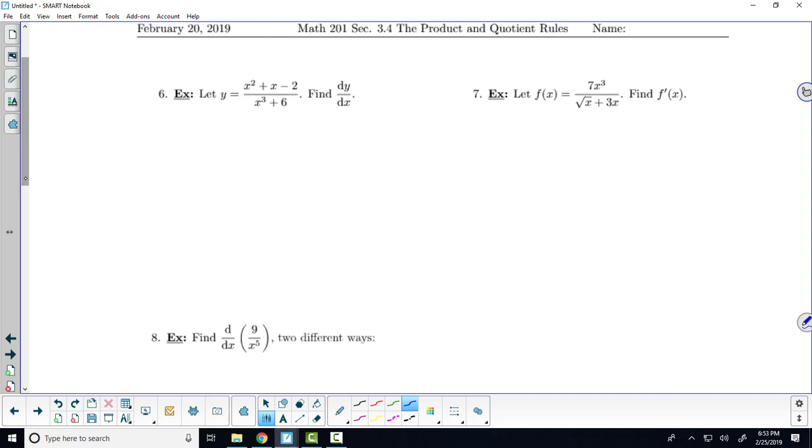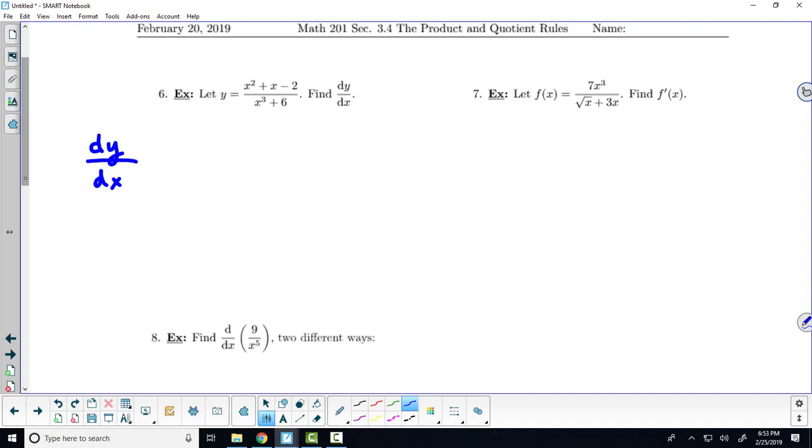So we're asked to find dy dx. The big picture when I look at this is I see a quotient. Sometimes, and I'll say this now, sometimes you can rewrite a quotient another way so that you don't have to use the quotient rule. But I think this is definitely a problem where you do need to use the quotient rule.